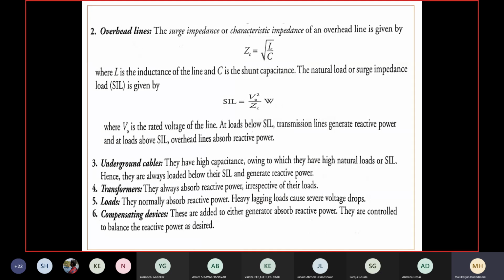And heavy or lagging load causes a severe drop in voltage. This is a phenomenon we were very serious about. The P and delta relationship, Q and V relationship are very peculiar in the power system. Any imbalance in the active power will affect the frequency. Any reactive power imbalance will definitely cause changes in the voltage.